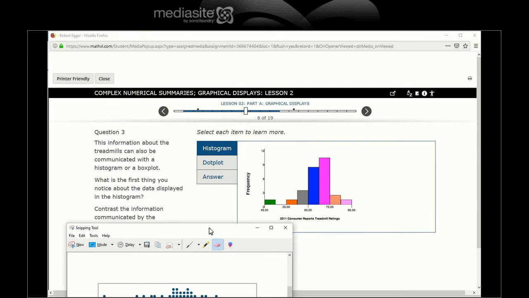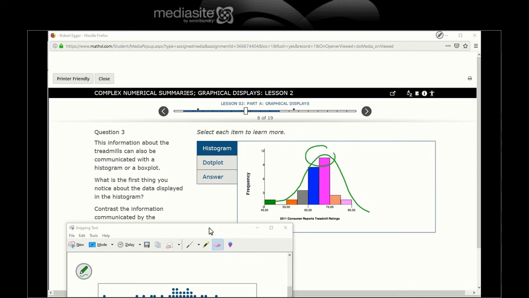Thing to look at is shape. Well, it starts at low, peaks, and then decreases again. So there is definitely a center.